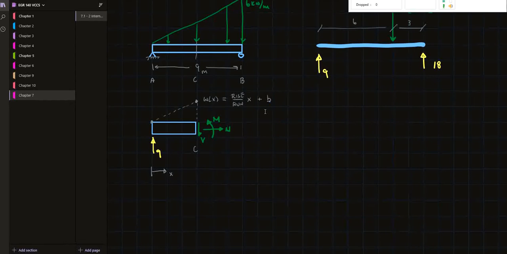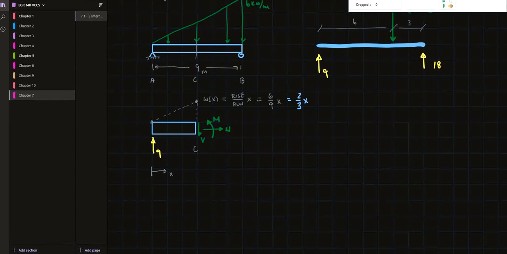That's the slope-intercept form for a line. But b is not necessary since we started at 0 over here. So this then is going to equal, the rise is 6, so we've got 6/9 x, which ends up equaling 2/3 x for W of x.